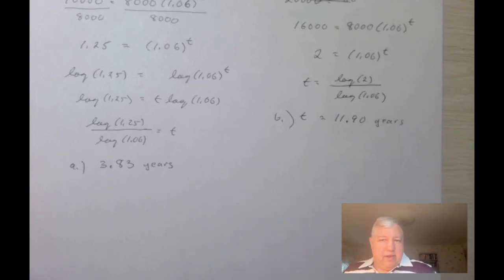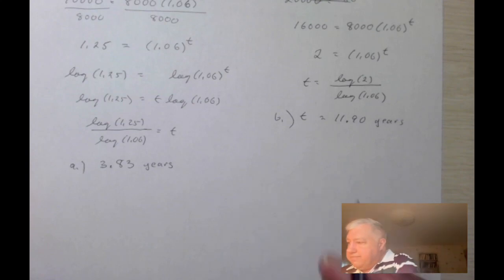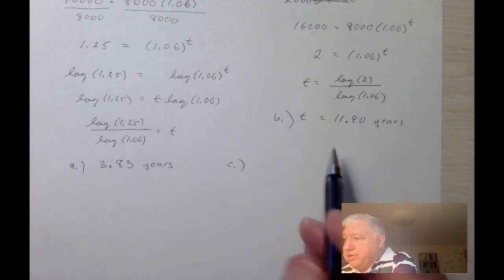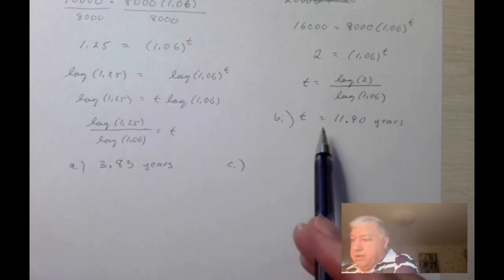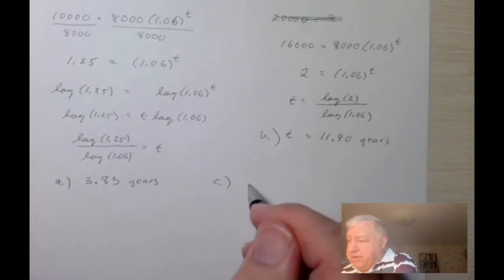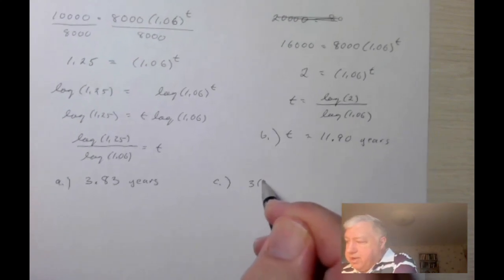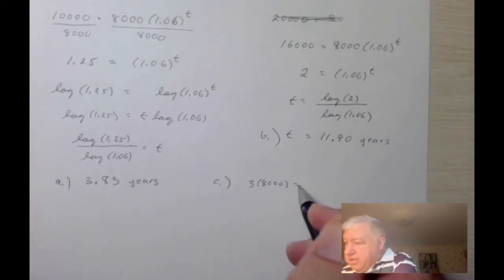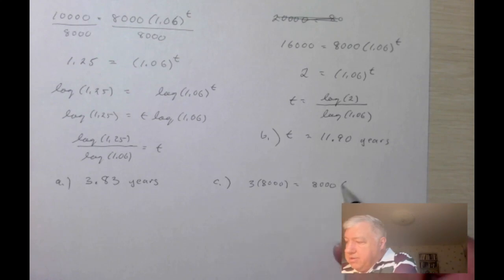And then finally, if you want to know how long it would take to triple, you could set this up the same way. It would be 3 times 8,000 equals 8,000 times 1.06 to the t.